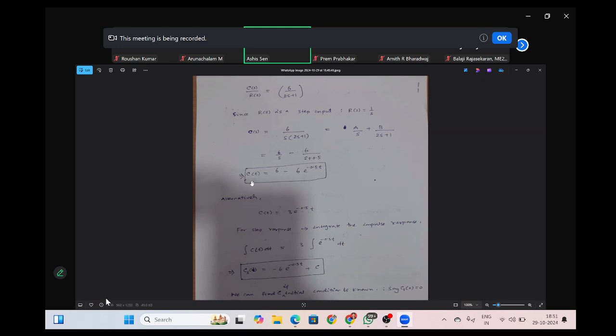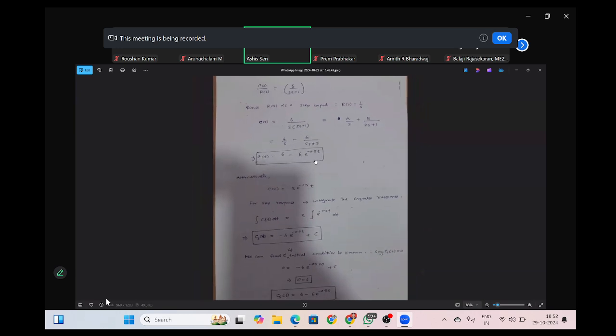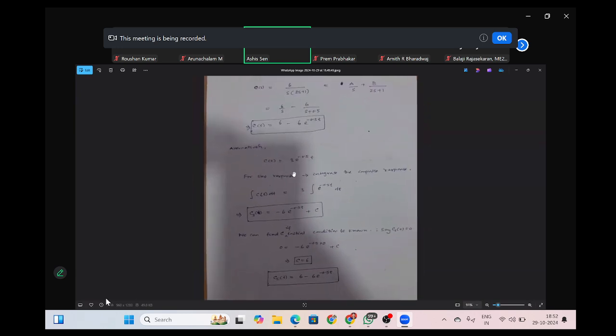So this will be now the output of this step response. The same transfer function, but instead of an impulse function, you are giving a step function. So this will be the output. Alternatively, you can say that this is my response when I have an impulse function.